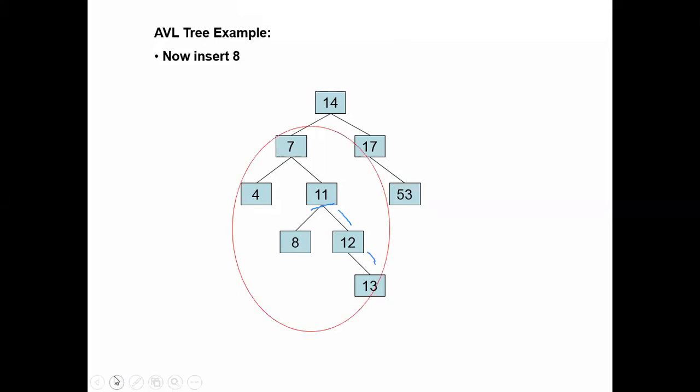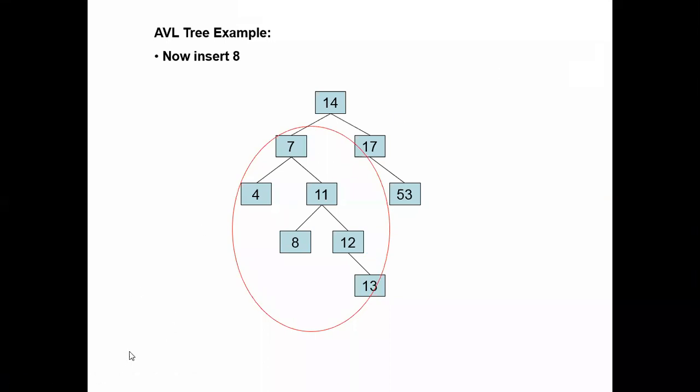The balance factor should not change at all. So what will we have to do in this case? Again we have to focus on this part, how we are going to deal with all these points. Again the balance factor has changed.